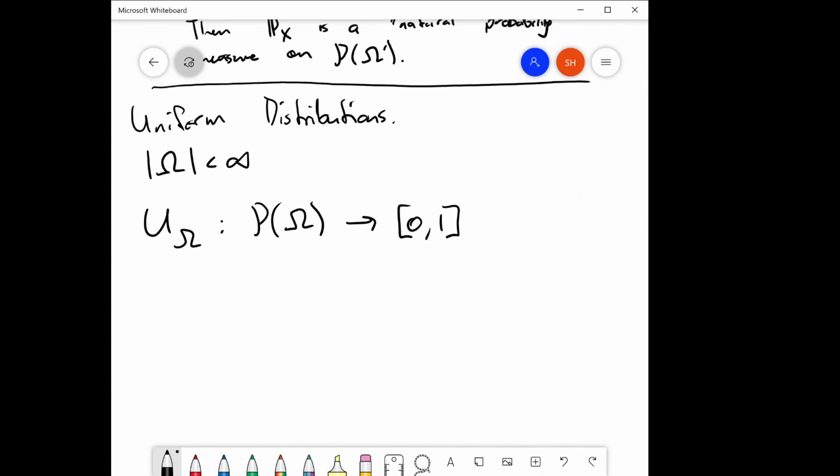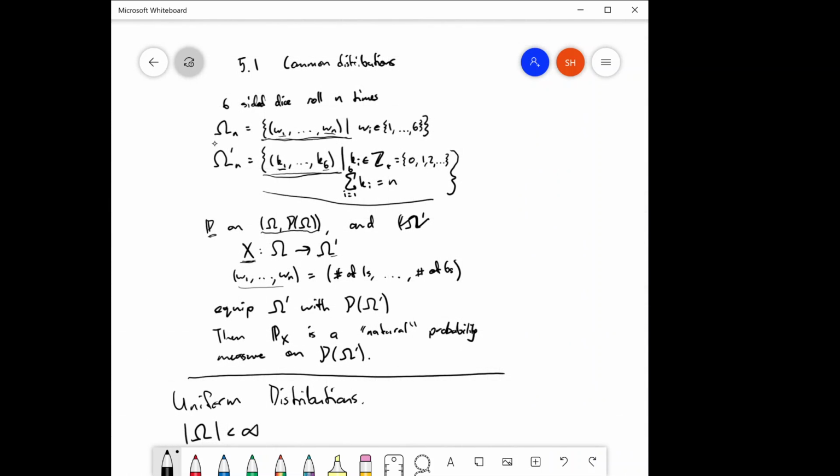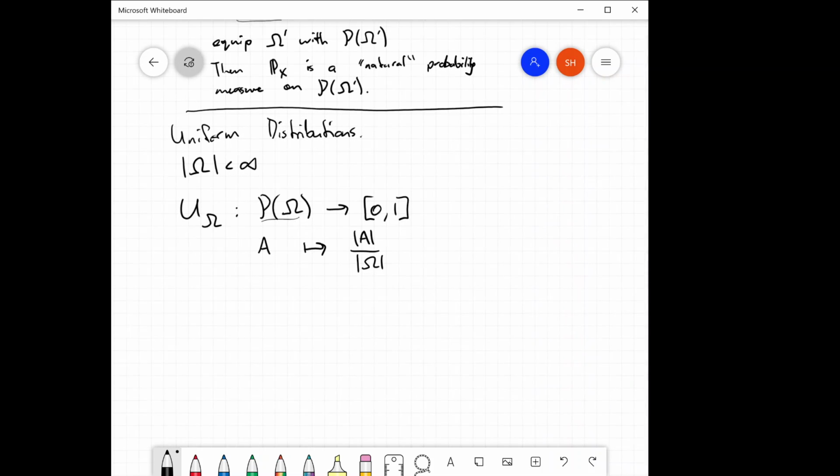It just counts what proportion of omega is contained in a set. So it takes A to the size of A divided by the size of omega. This is a fairly obvious one to put on this sample space because if you assume that the dice is fair, then every possible outcome should have the same probability, and there are finitely many of them. So this is by definition the uniform distribution.